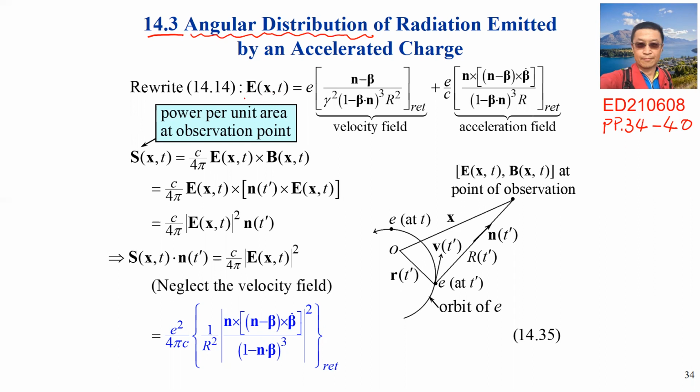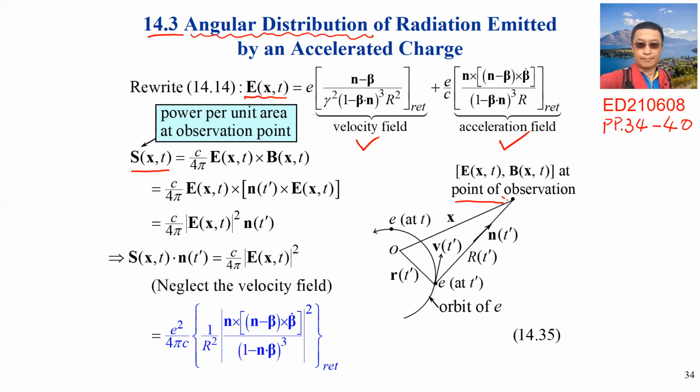We know the field can be divided into velocity field and acceleration field. And if we use the Poynting vector, it is power per unit area at the observation point. Where is the observation point?